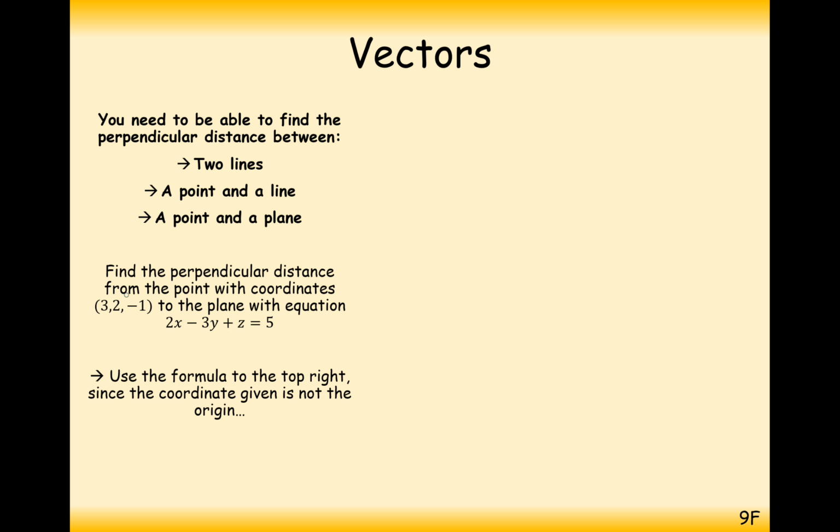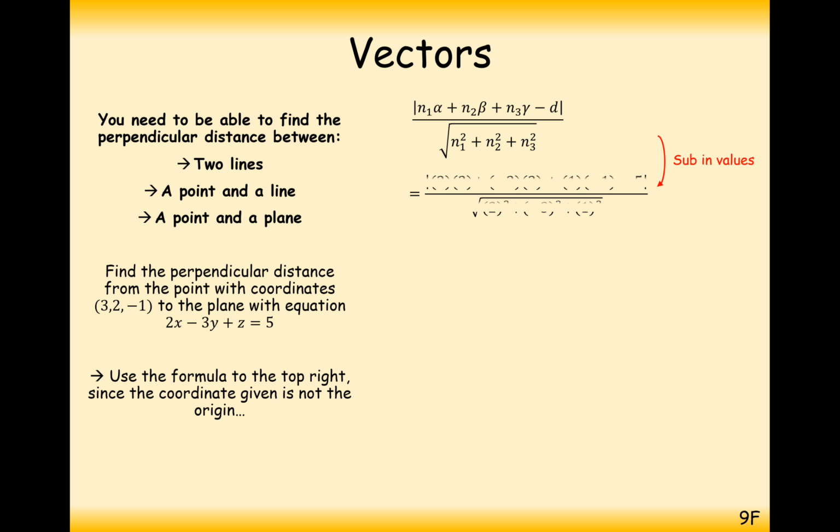Find the perpendicular distance from the point with coordinate 3, 2, minus 1 to the plane with the equation 2, minus 3, 1 equals 5. So just use the formula that we have been given. 2 times 3, plus minus 3 times 2, plus 1 times minus 1, minus this 5 value, divided by the modulus of your n vector.